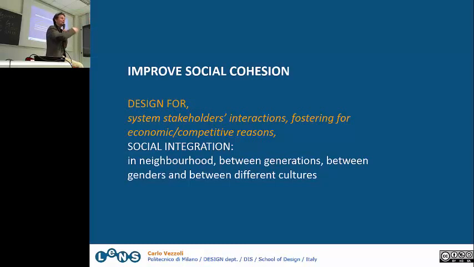Maybe you are living in a house, you need to know who's living in the door nearby yours. But the integration could be even between generations. If we are speaking about intergenerational dialogue between the youngest and the oldest, but even other ages, between genders, male and female, and between different cultures.